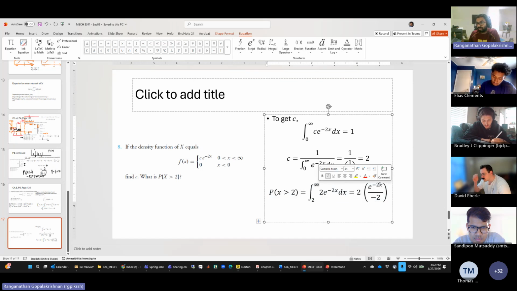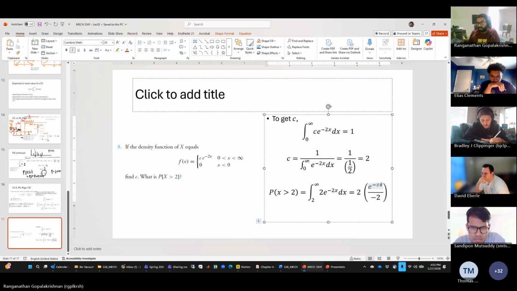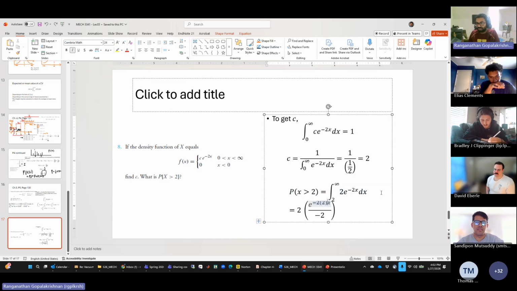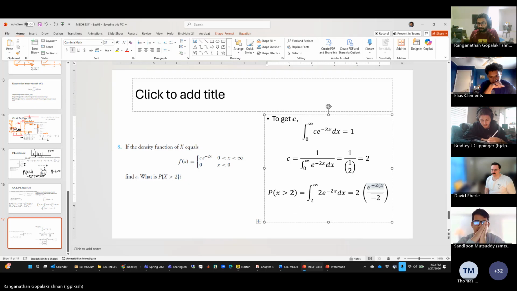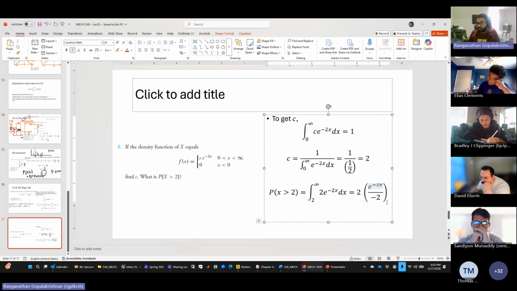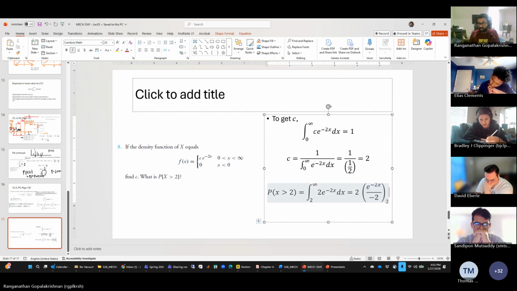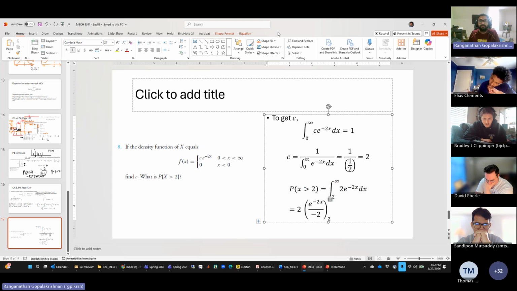If you put infinity here, it's just going to be 0. If you put 2, that's going to be e power minus 4. Okay, maybe I'm going too fast on this. I'll have to evaluate this between 2 and infinity.